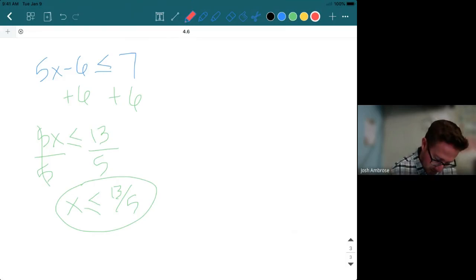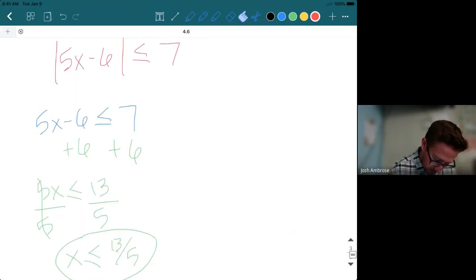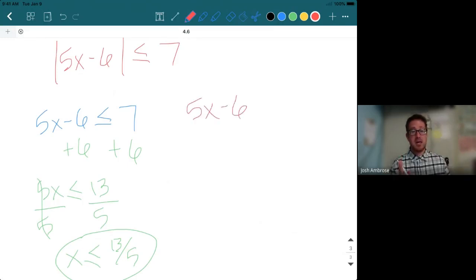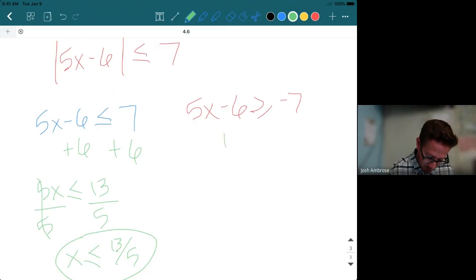Now we need to take a look. Let's go back to the original. All right. Now we got to rewrite this. The 5x minus 6, remember, that doesn't change. But now we got to flip the inequality. Greater or equal. And that positive 7 is now changing to become a negative 7. All right. Now let's go through the steps again. Plus 6, plus 6. 5x greater than or equal.